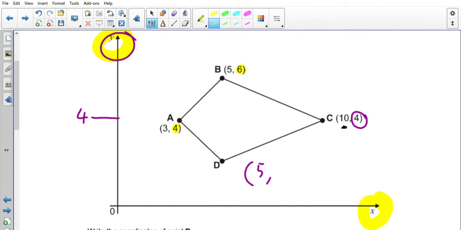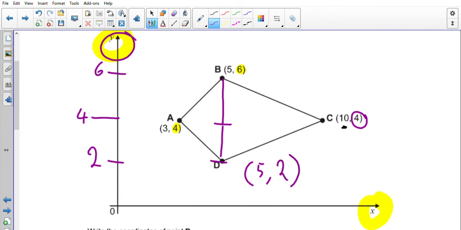My y coordinate here is 4, which means that between point B and point A, my y has reduced by 2, it's come 2 further down my axis. If I continue all the way down to point D, the same thing is going to happen because of the nature of the kite shape. So that's going to be 2 on my y-axis here. That simply means my coordinates for D are (5, 2).